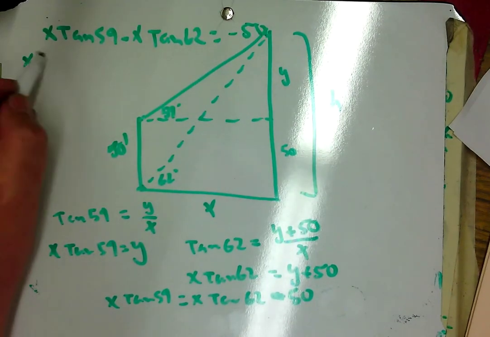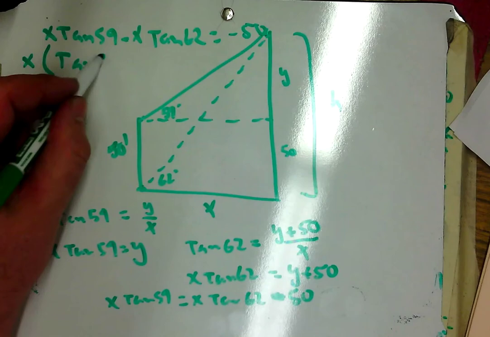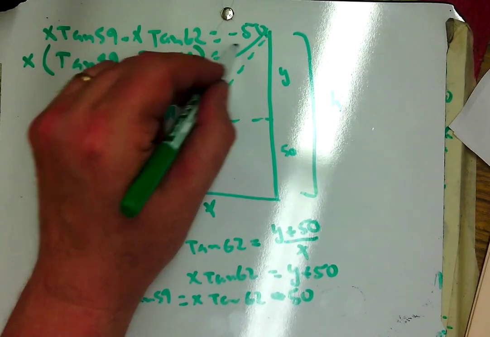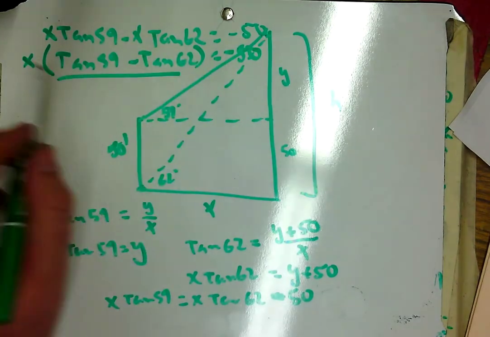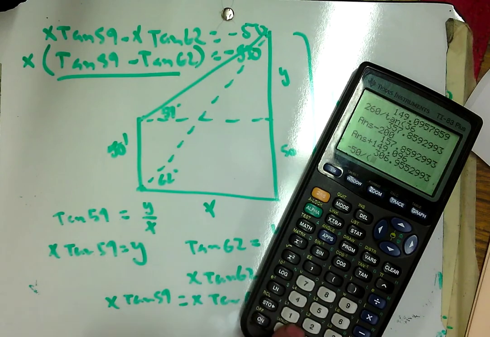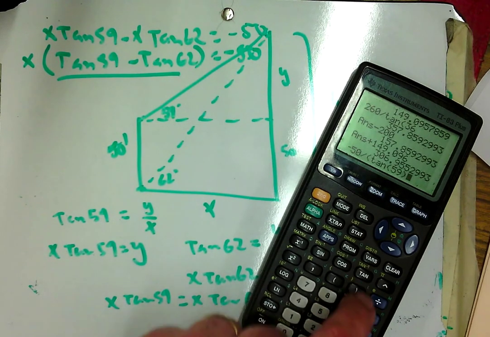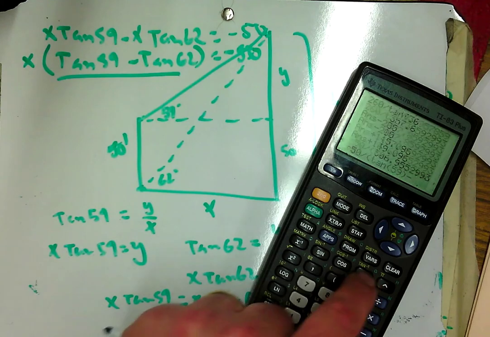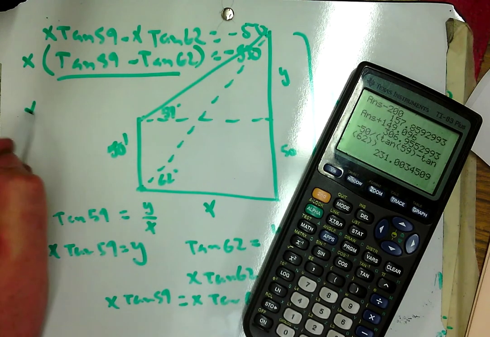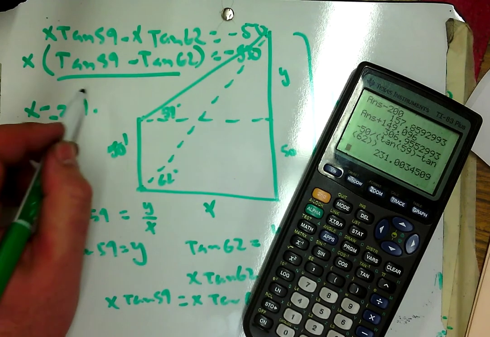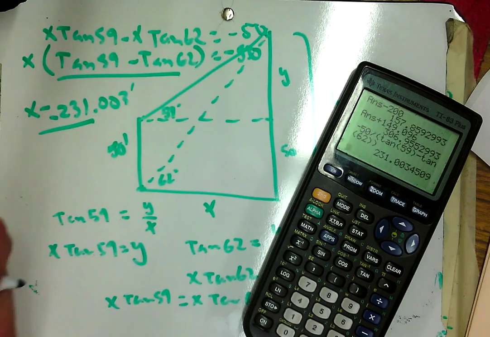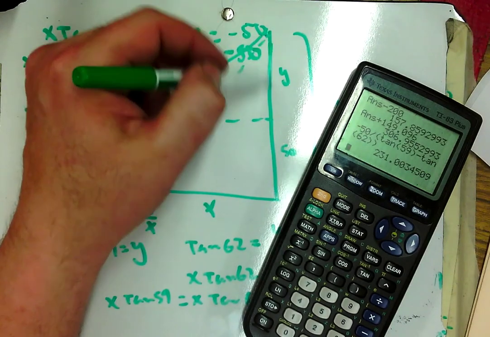If I factor an x out, tan 59 minus tan 62 is negative 50, and divide both sides by all that stuff. So negative 50 divided by parentheses, tan 59 minus tan 62, and we get x equals 231.003 feet.